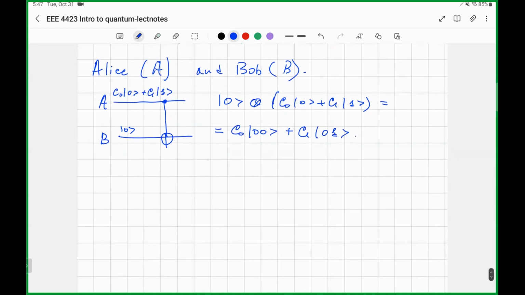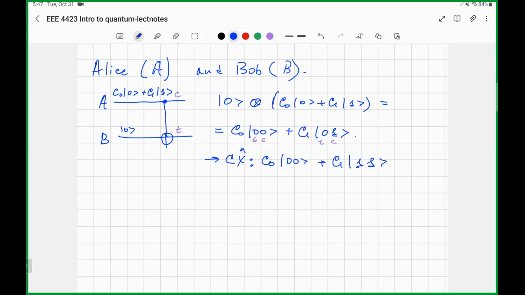Then after the CX gate, we get what? The control is Alice's qubit and the target is Bob's qubit. So the result of applying the CX gate will be C0 state 00 plus C1 state 11.